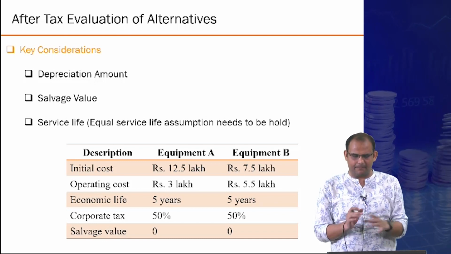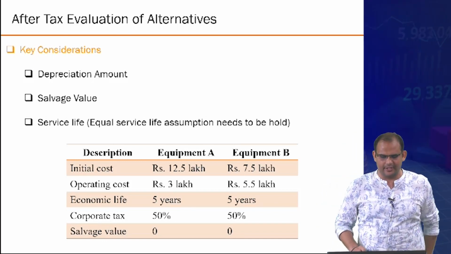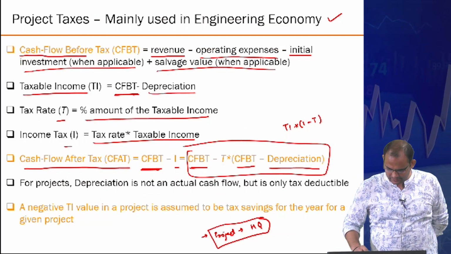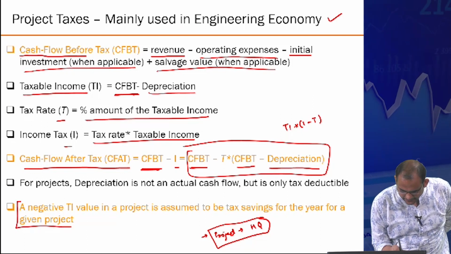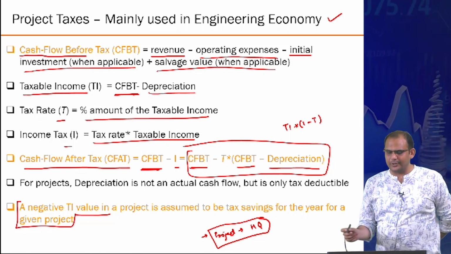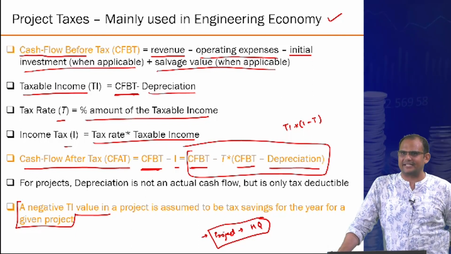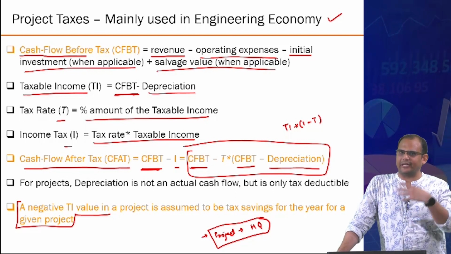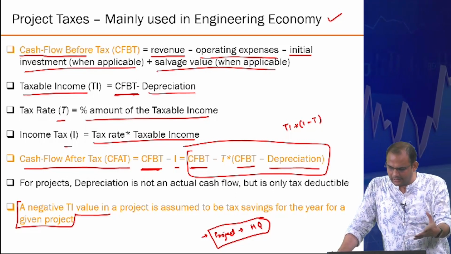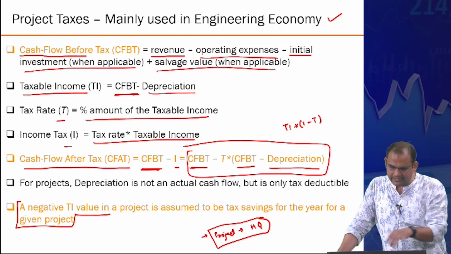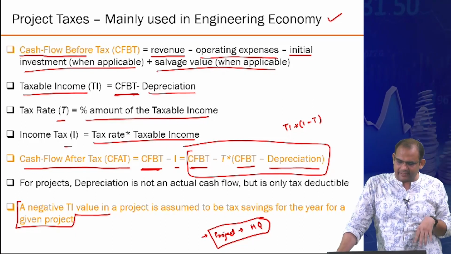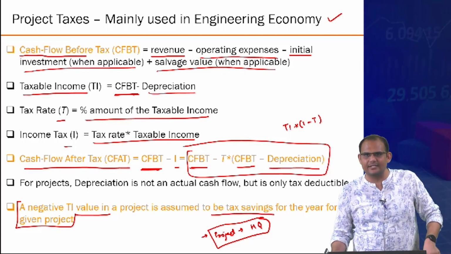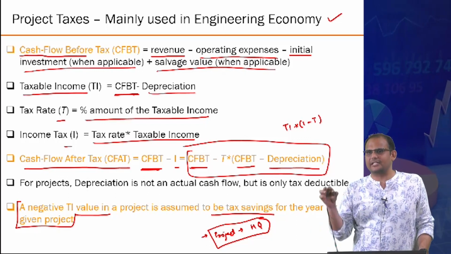Let's look at some examples of how tax affects the decision, if it affects it or if it does not, and how to do this kind of calculation. One more thing, in particular to projects: if you are getting a negative taxable income because of some reason, because the depreciation amount is too heavy, or in certain key areas you made an initial investment, and so on and so forth, it is assumed to be a tax saving for that particular project rather than just keeping it as zero.